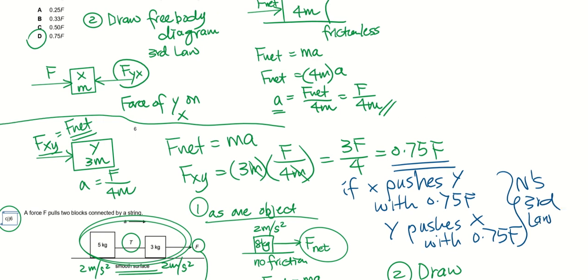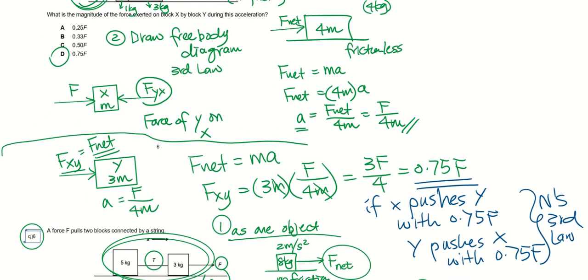So let's come back to here where we have the x free body diagram. Fyx is equal to Fxy, right? Because of Newton's third law. So Fyx is 0.75F.